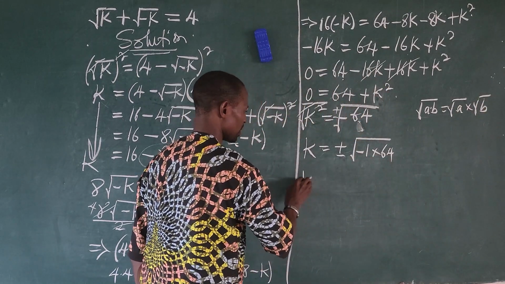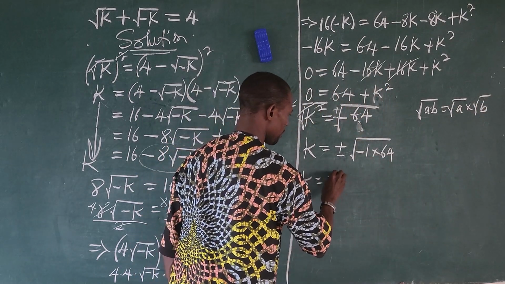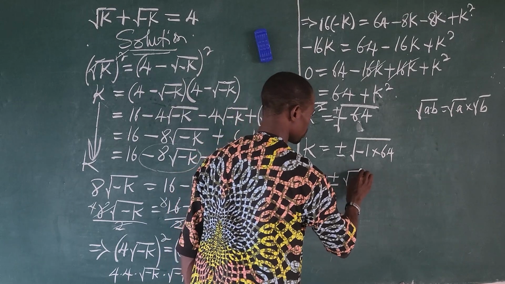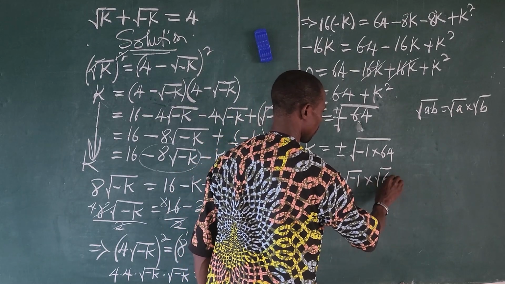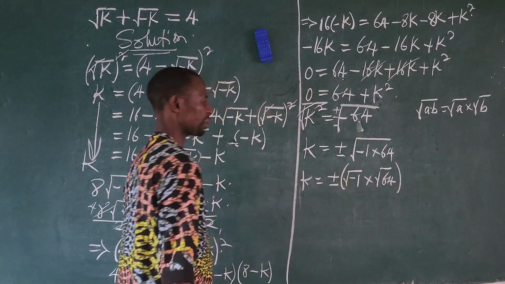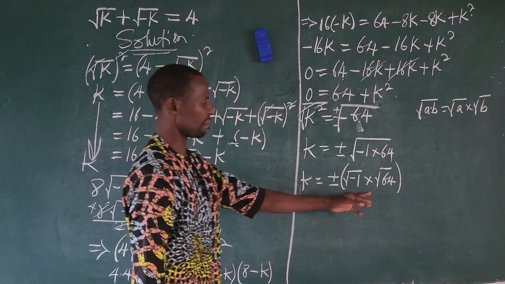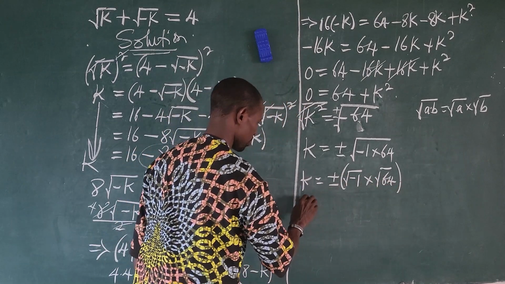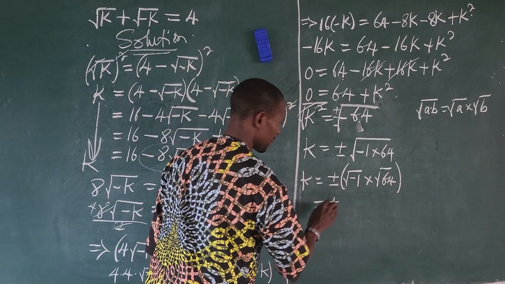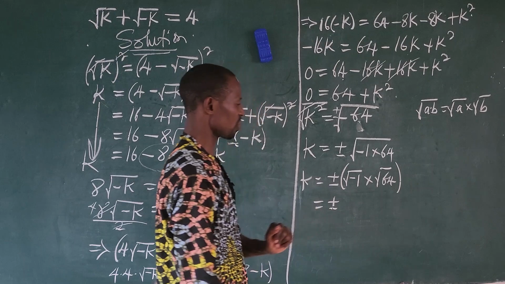If we do that, this is going to give us k equal to plus minus the square root of minus 1 times the square root of 64. Let's put this in bracket. Now, this is a perfect square, the square root of 64 is 8, right? So we're going to have plus minus. And what is the square root of minus 1?